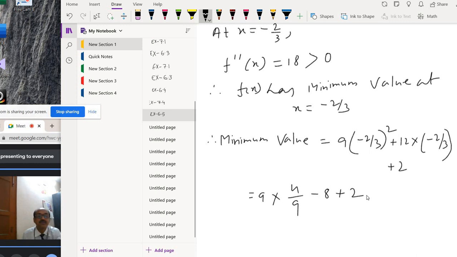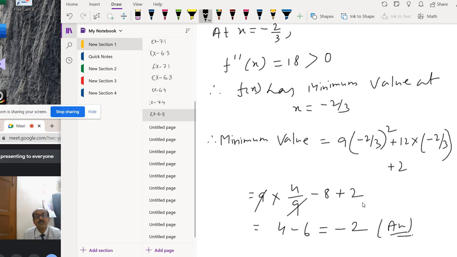Now 9 cancels here, so equal to 4 minus 8 plus 2, which is 4 minus 6, equal to minus 2. Minus 2 is the answer, this is the minimum value. Clear? Yes, sir.